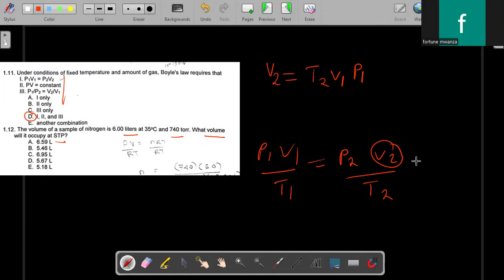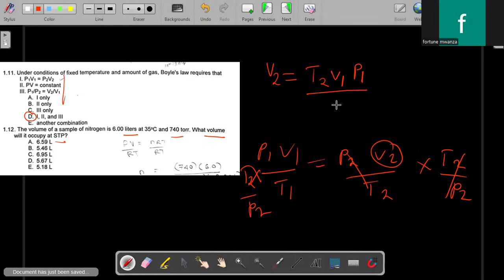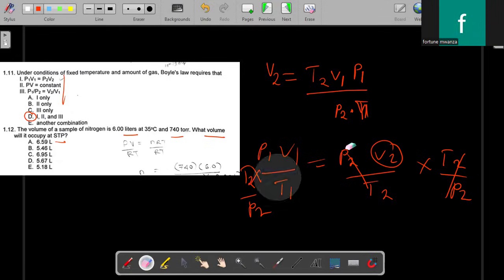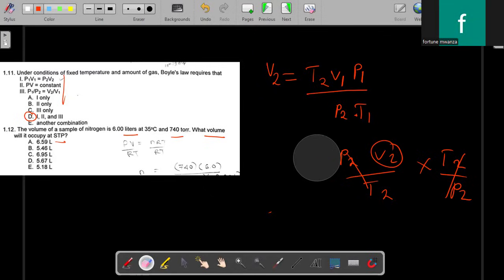I've multiplied both sides by T2 over P2 so that these cancel. Whatever I do on the other side, I do the same on this side. So I've just made V2 the subject of the formula, and from there I can calculate my V2.